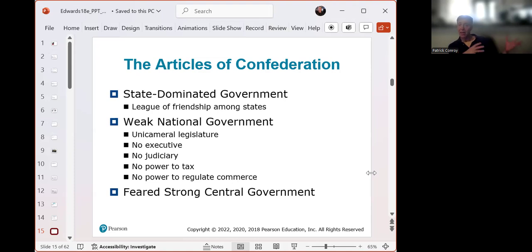Not just because they'd had the bad example of the tyranny of the British, but they still didn't really trust each other. And that went for the state governments and the people. They were still seeing themselves as citizens of their state, not citizens of America. The term Americans was coined by Benjamin Franklin. It wasn't around all that long.